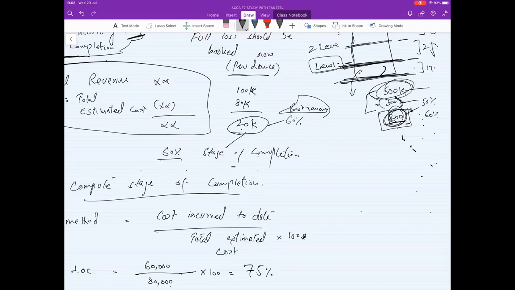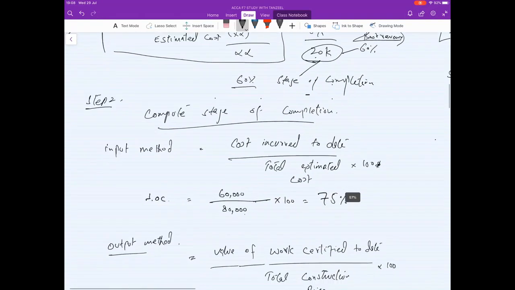If your stage of completion is 50%, take the sale price, and at the same time take the cost of sale as well. So if your sale revenue is 500 and you have done 70% already, then take 70% of this plus cost of sale. If the cost of sale is 300, take 70% of this cost as well. Then it is a like-with-like comparison.